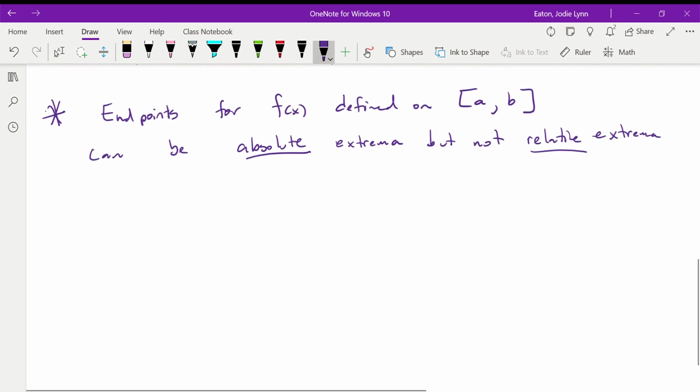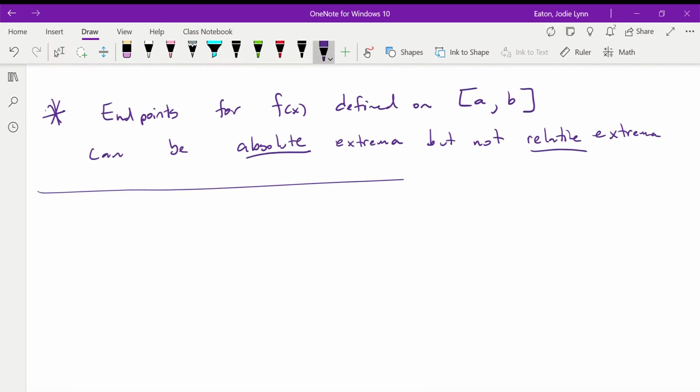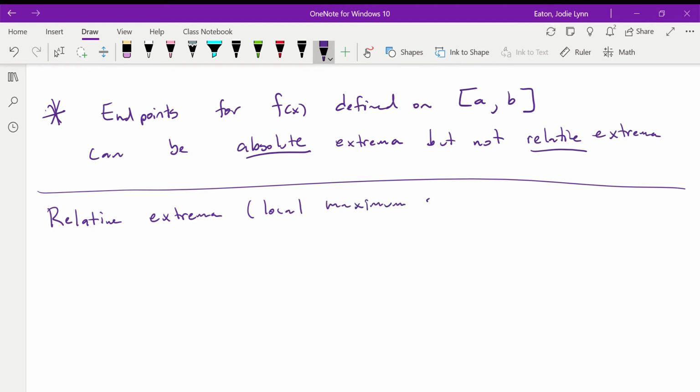So now we're going to take a look specifically at relative extrema, and we'll go back and look at absolute extrema afterwards. So relative extrema, or local maximum and minimum. And I will probably be using the word local more, just because that's what I used when I learned calculus many ages ago.